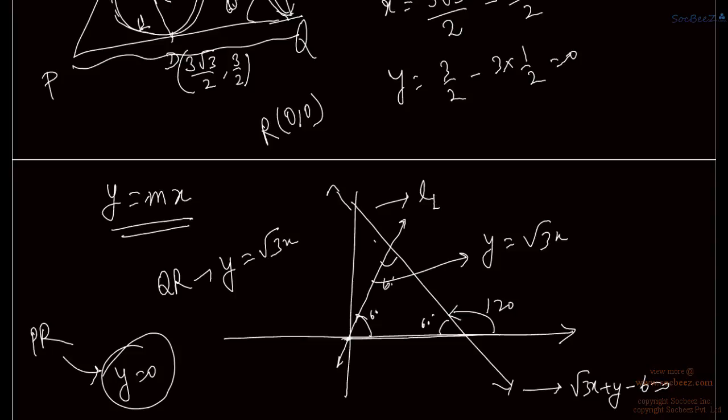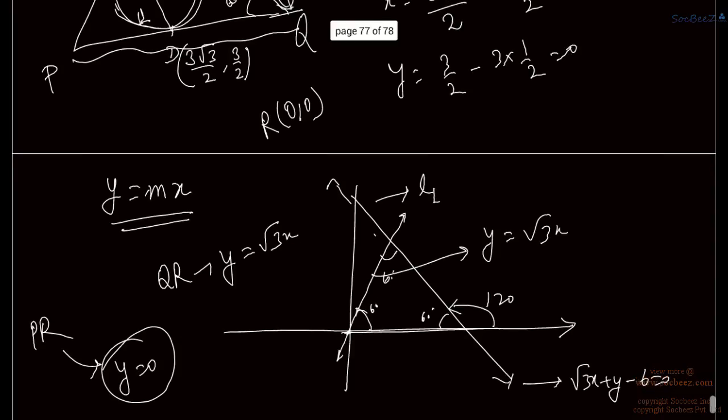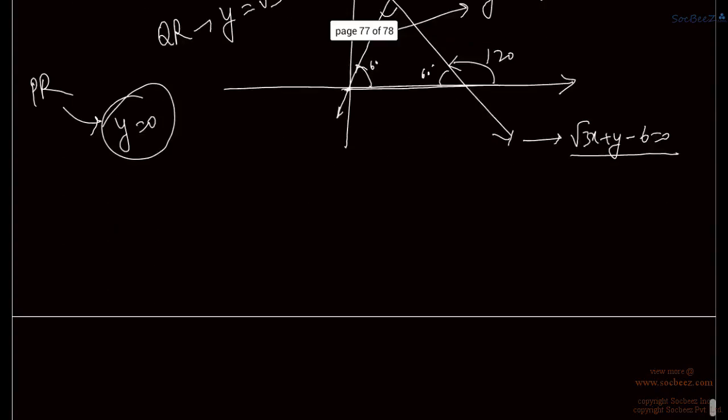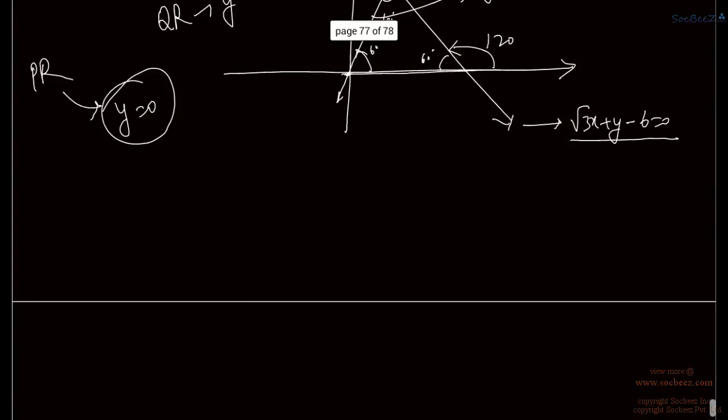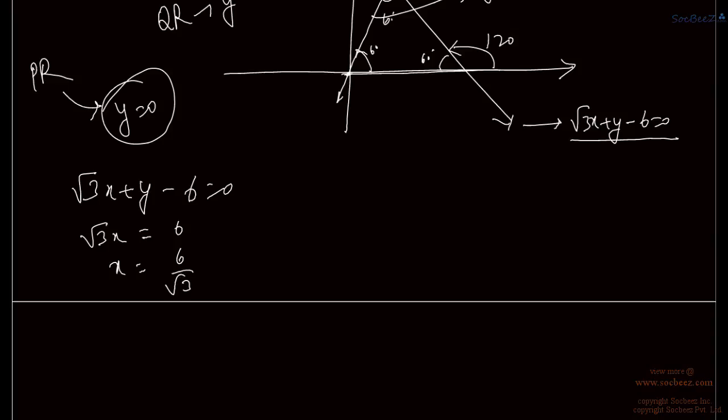For finding the coordinate of point P, we will put y is equal to 0 in the line root 3x plus y minus 6 is equal to 0. Putting y is equal to 0 here, we get root 3x is equal to 6, or x is equal to 6 upon root 3, that is 2 root 3, right?